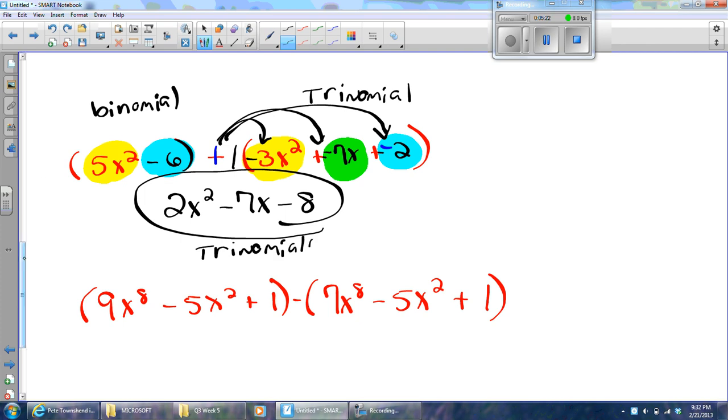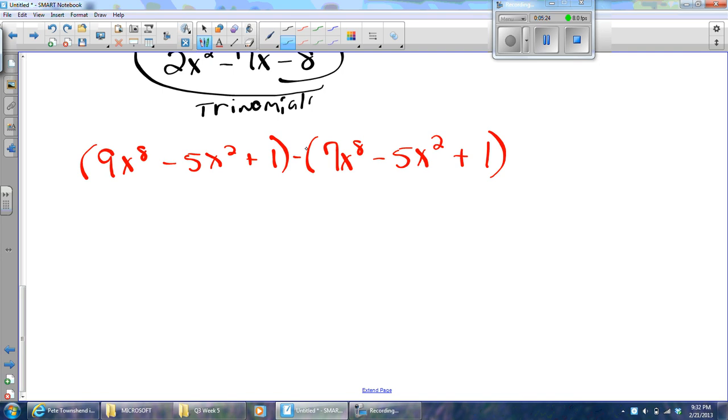Okay, so now here we go. I'm going to distribute the negative here. So change the sign, change the sign, change the sign. X to the eighth. X squareds.